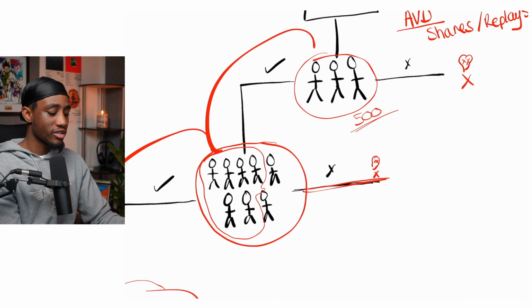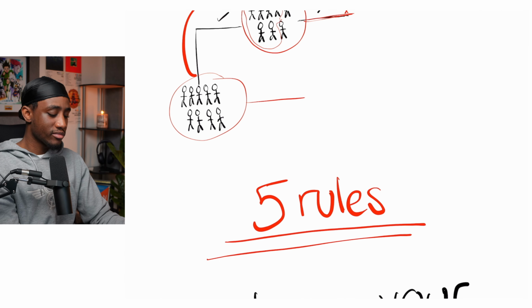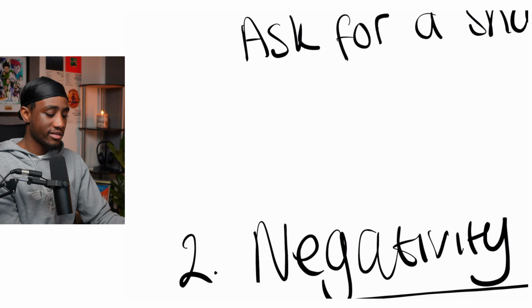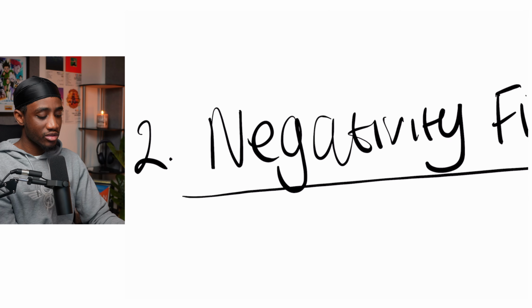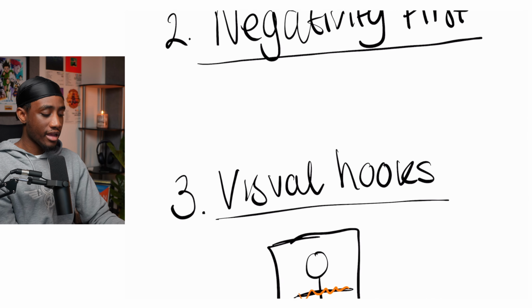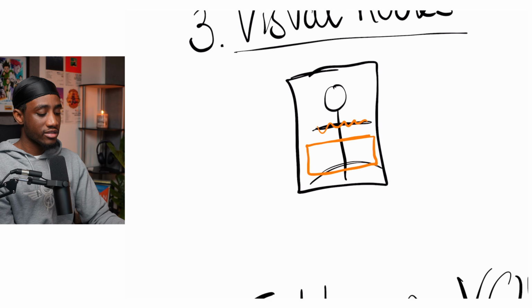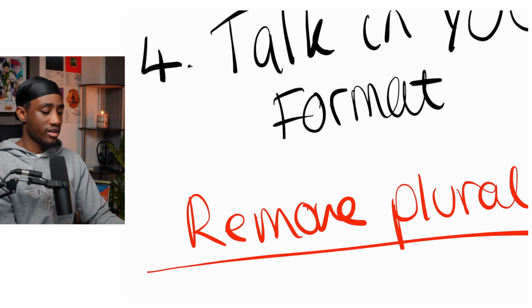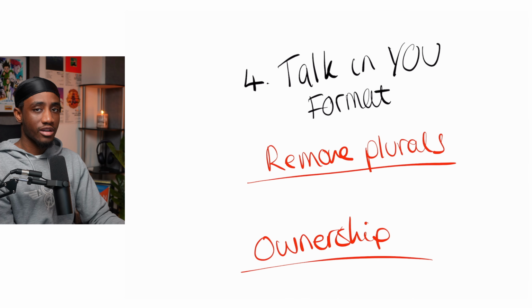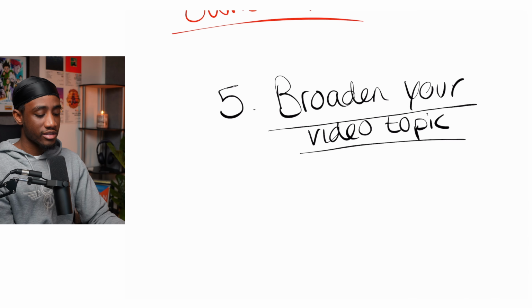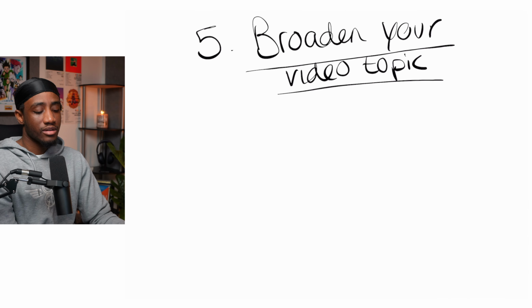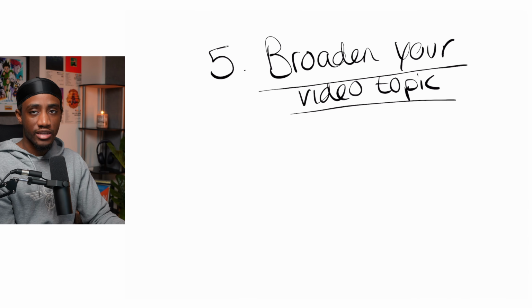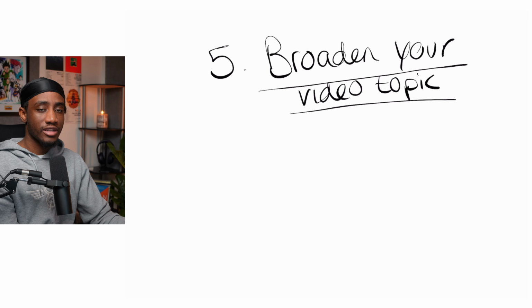And if you're also wondering, well, I'm a business owner, I'm trying to get leads, I need to be targeting business owners. So I'm not going to say how to make an extra $100,000 if you're anyone. I'm going to be targeting business owners on how to make an extra $100,000 if you're a business owner. And obviously you can do that. You're still going to get sales from it. But you need to think of it like, if more people see your video, it's a possibility they will share it with their business owner friends.